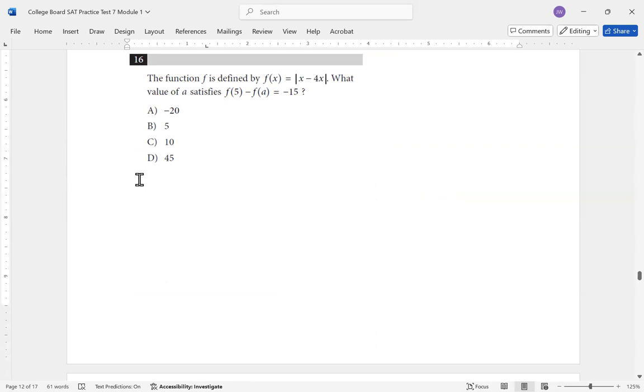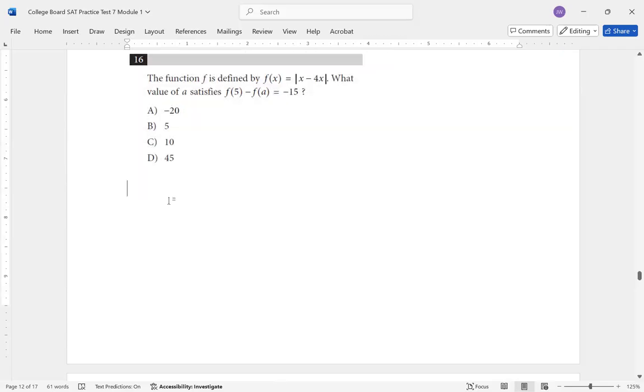Question 16. The function f is defined by f of x is equal to the absolute value of x minus 4x. What value of a satisfies f of 5 minus f of a is equal to negative 15?